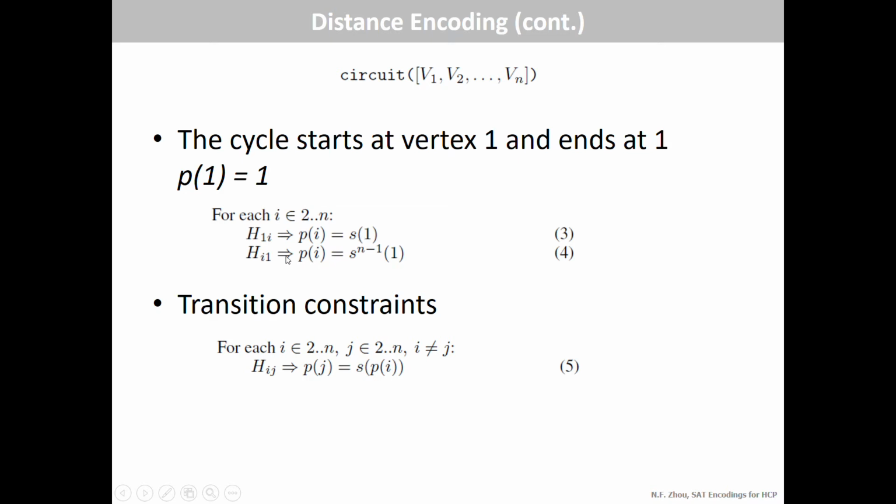And if I is visited after vertex I, then I's position is the A minus 1 successor of 1. And we also have transition constraints to ensure that the positions are connected.